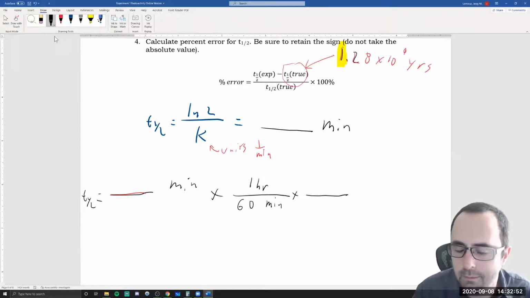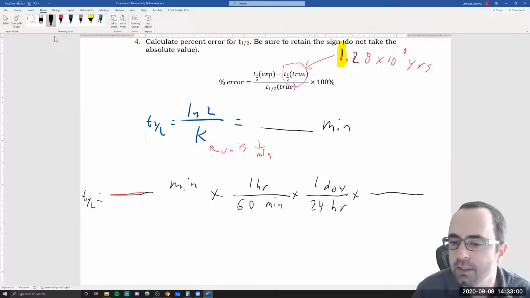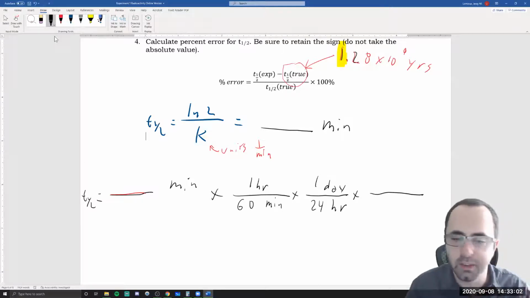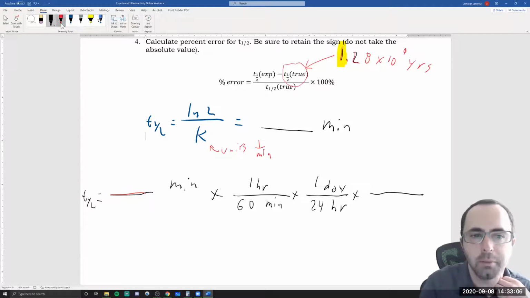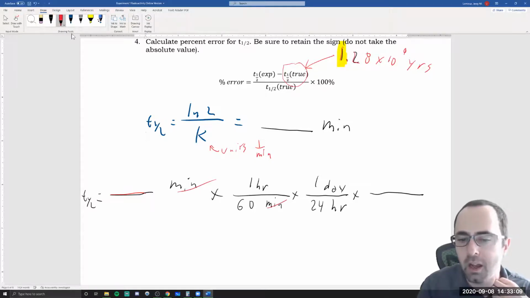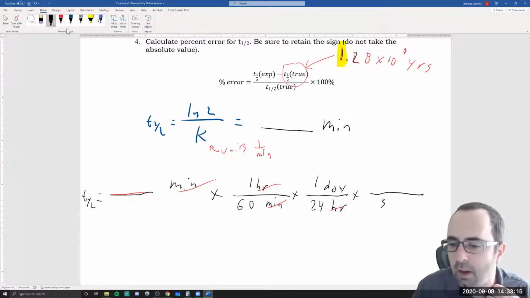We can go 24 hours is 1 day. Can you go from days straight to years? Sure, you could, if you have the right conversion factor. I don't have it off the top of my head, but you could look it up. If you want to do it step by step, convert 60 minutes to 1 hour, 24 hours to 1 day, and then 365 days is 1 year.